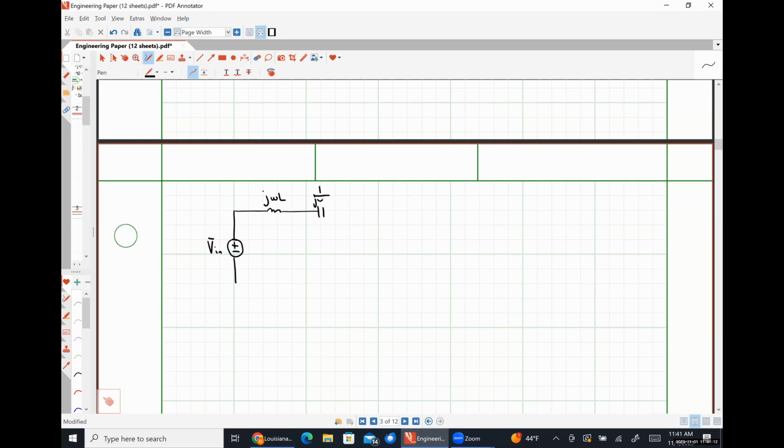Here is the impedance of our capacitance. Here is our resistance. And we're taking our output voltage for this particular system to be the voltage drop across the resistor. In a couple of minutes, we're going to look at this system again, exactly how it is, except we're going to look at the voltage drop across the capacitor to talk about a couple of things.